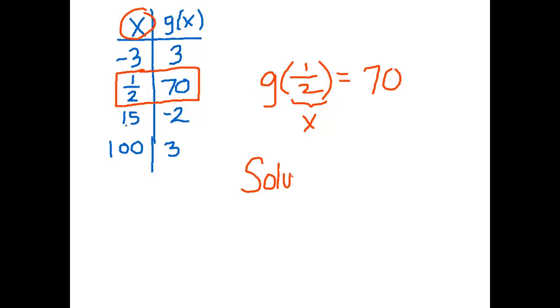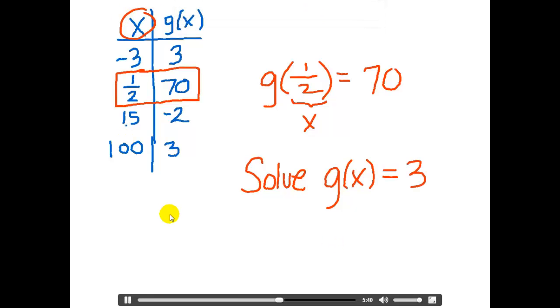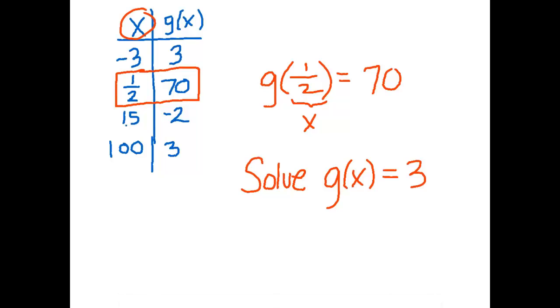So I could do solve g of x equals 3. That's the same type of question I asked on the previous slide. I'm asking, what are the x values when g of x is 3?